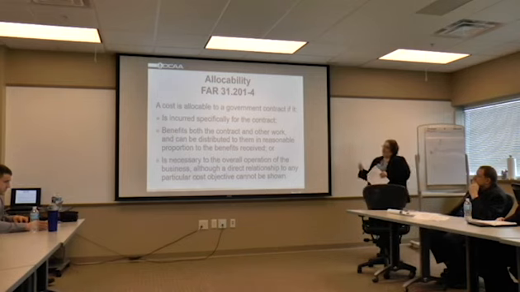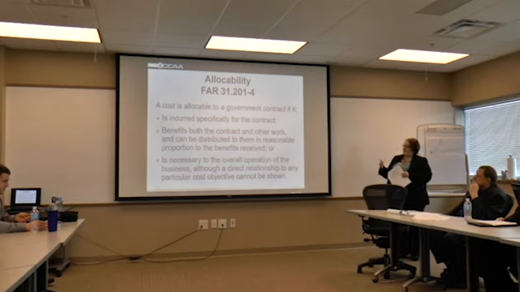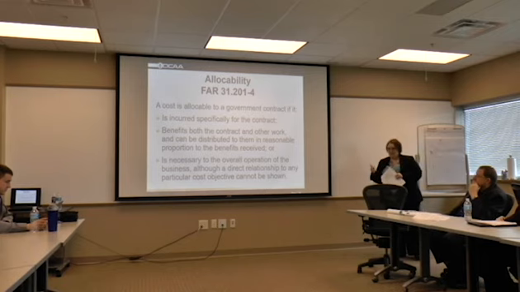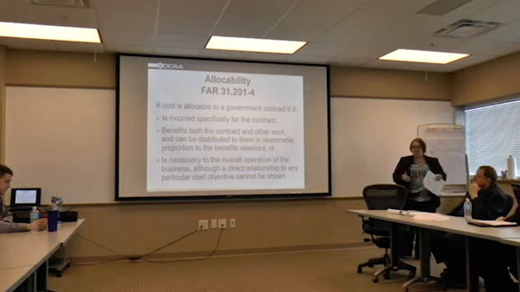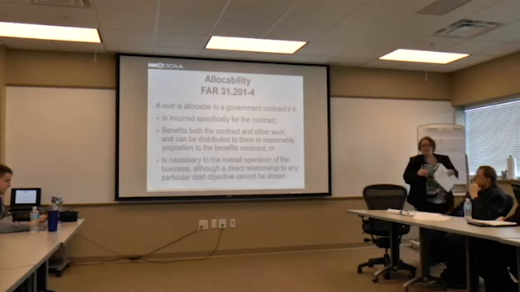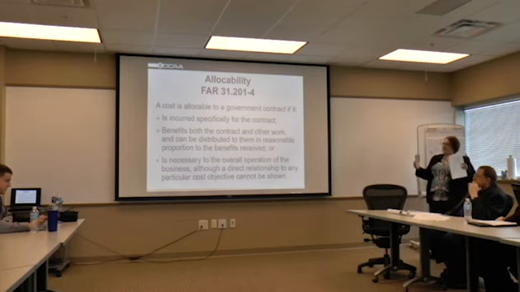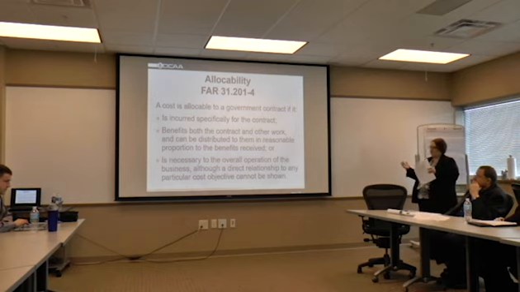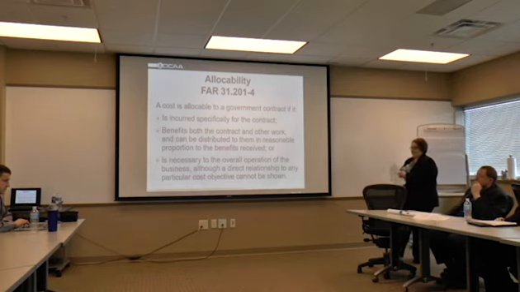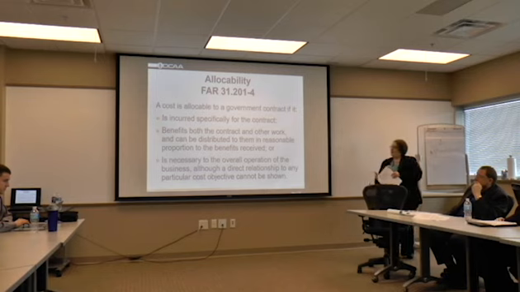Or it benefits both the contract and other work, and can be distributed to them in reasonable proportion to the benefit received. So again, like fringe or rent, if multiple contracts, or both government and commercial work, receive that benefit, and it's distributed in a reasonable proportion to the benefits received.